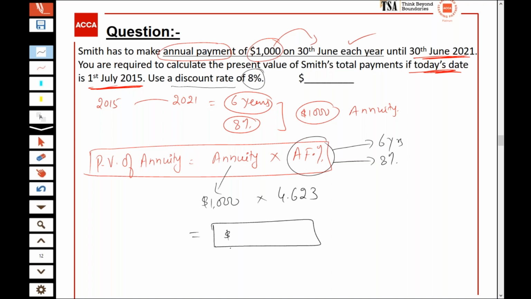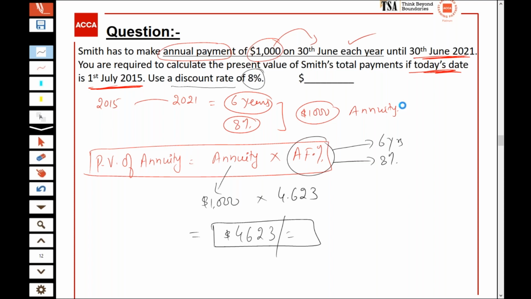And this is my answer. Multiply by 1000, that will give me 4623. This is the present value of annuity.